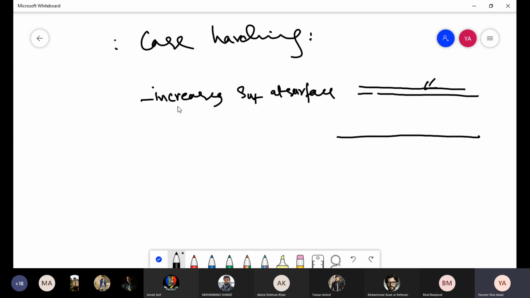And that means you have a higher SE at the surface, because SE, we know, is 0.5 of SUT. So the endurance limit would be higher at the surface, which is beneficial.